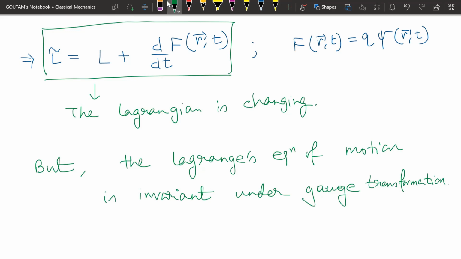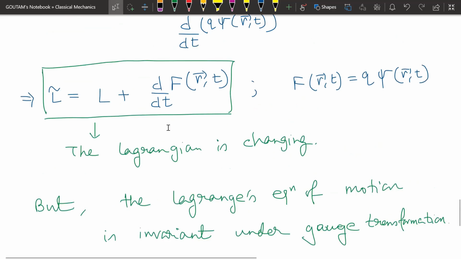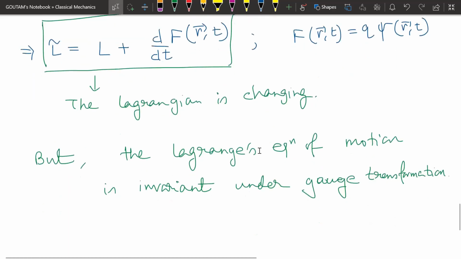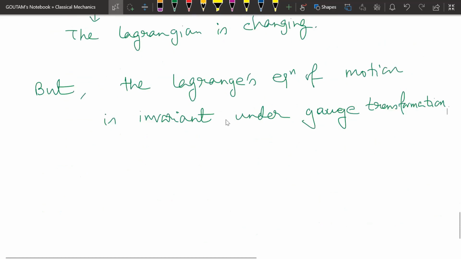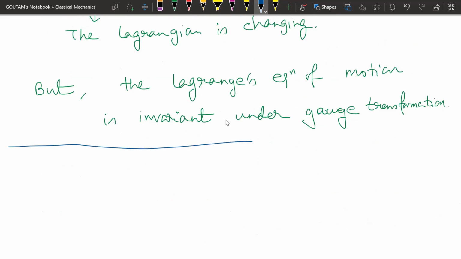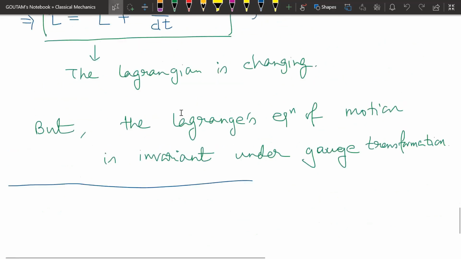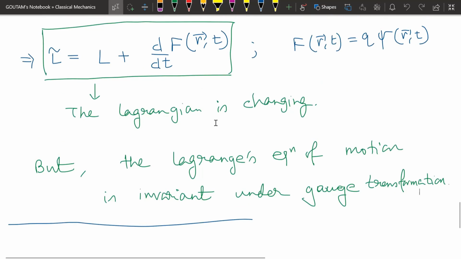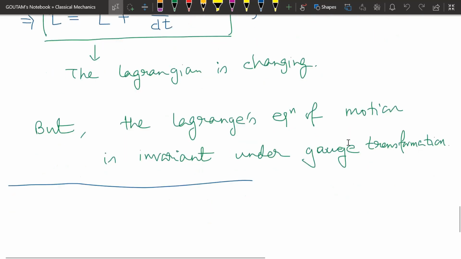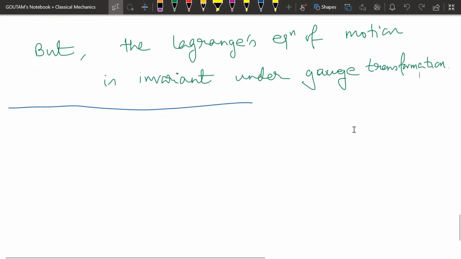So Lagrange's equation of motion is invariant under gauge transformation, because the gauge transformation only adds a term like df/dt, where f is a function of r and t, and adding this kind of term will not change the equation of motion. We already showed in the previous class that the Lagrangian is not unique. We can always add this kind of term while keeping the Lagrange's equation intact, invariant. So this was our problem 2.